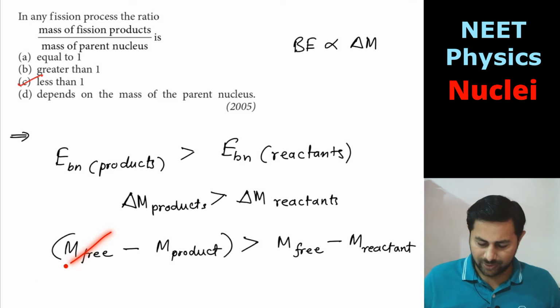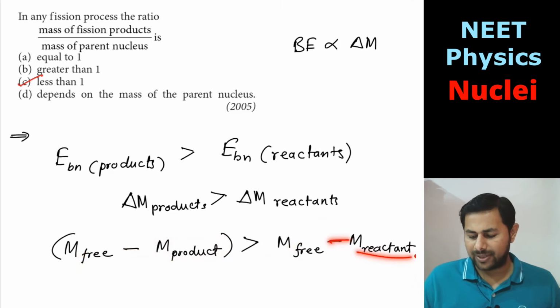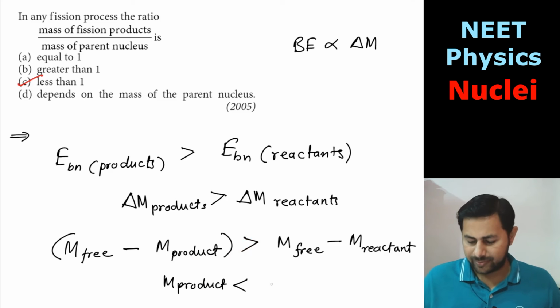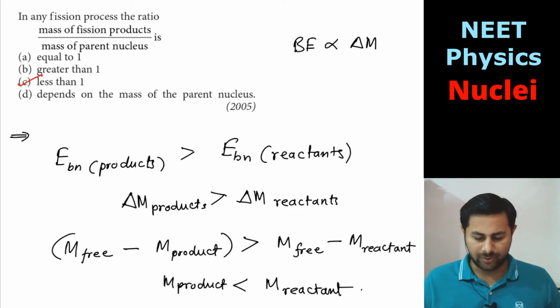So then you can cancel out this thing. So minus the mass of products nucleus is greater than minus the mass of reactant nucleus. But if you remove the negative sign, this proportionality will flip. So mass of product is less than mass of reactant. Is this thing clear, everyone? And if it is so, then if you take ratio of mass of product to mass of reactant nucleus, that would be less than 1. You move this thing to the other side. Okay, everyone, is it clear?